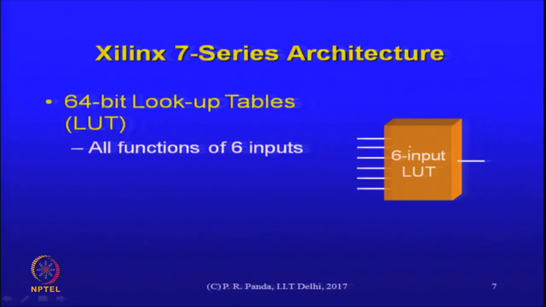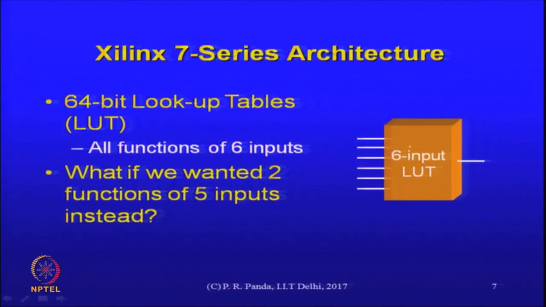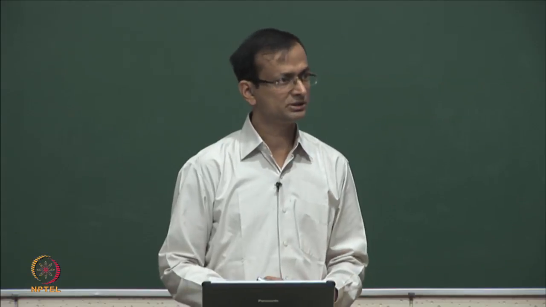But here too there is a little bit of variation that you can think of. What if instead of a function of 6 inputs, you want to realize 2 functions of 5 inputs each? 6 inputs may be the most general structure, but it could be that often I do not have 6 variables, maybe I have only 3 variables, but I still want an efficient implementation.